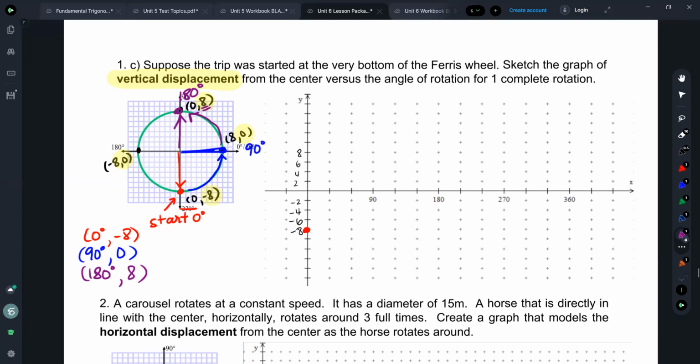And then either the vertical or horizontal displacement is dependent on where the angle of rotation is, right? So that's the y. Obviously the angle is not going to be dependent on the height. The height is going to be dependent on where you are around the circle, right? So that's the independent variable, angle of rotation. Georgia?